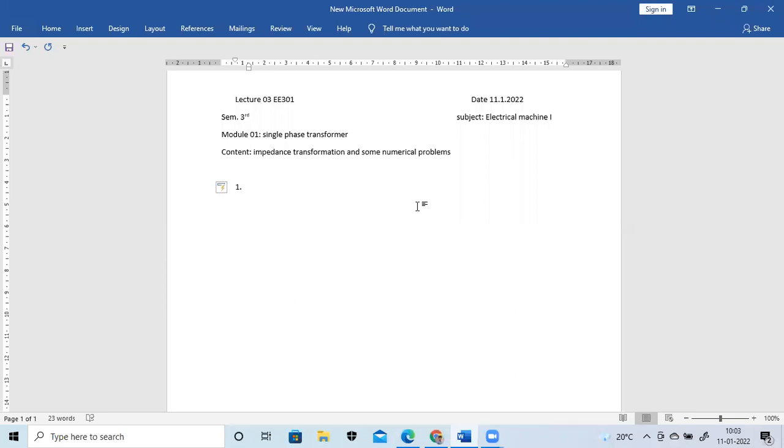That means Z2 dash divided by Z2 equal to K square. K square is nothing but the turns ratio, that means N1 by N2 whole square. So Z2 dash represents the secondary side impedance transferred to the primary side. Similarly, if you want to transfer the voltage and current, then how can you find it out?